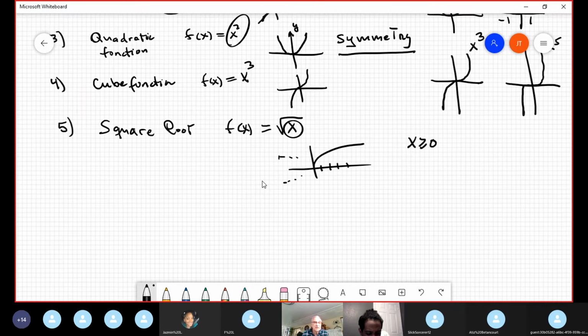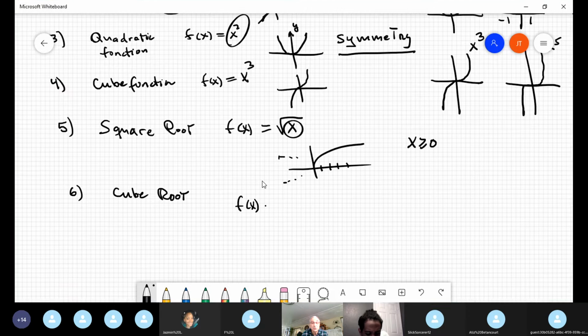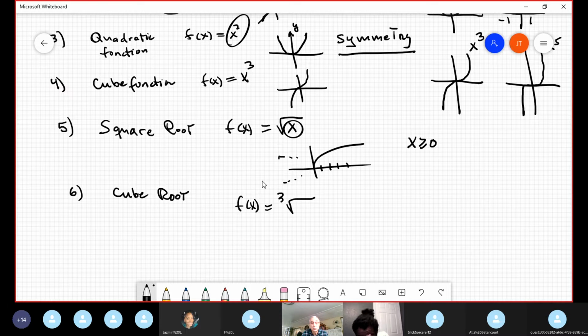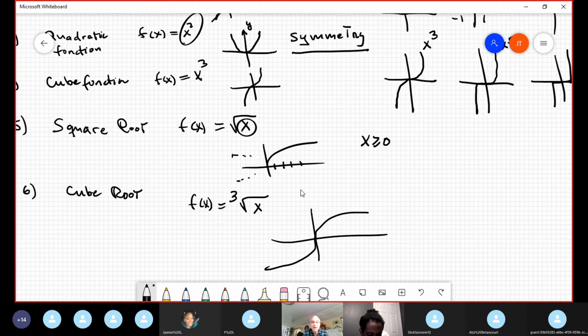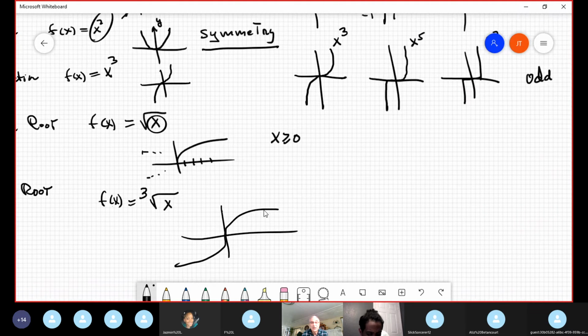Okay, number 6 is cubic root. Cubic root is more interesting. Cubic root has a domain in both directions. Because, let me try to explain. I know that it's totally illegal: square root of negative 25, a negative number, is imaginary. But it's perfectly legal: cube root of negative 27.